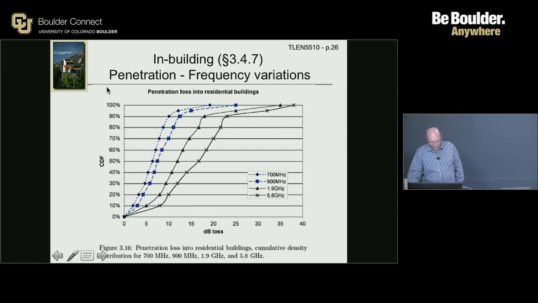True, this is what those measurements show, but if you really want to penetrate 90% of the buildings, or 90+%, you see that this becomes very steep, especially above 90%. It's just very difficult to go reliably through every building, unless you have an added margin of 30, 35, 40 dB, which you can't afford. That really shrinks your cells, etc. So it's very difficult to predict how well the signal will penetrate in buildings.